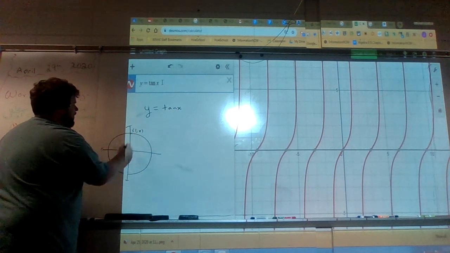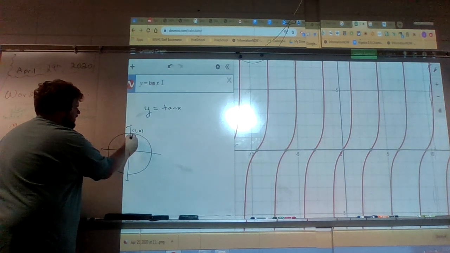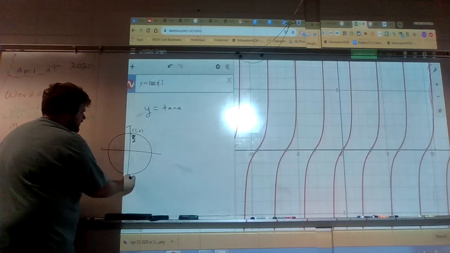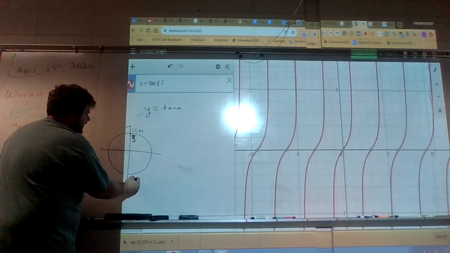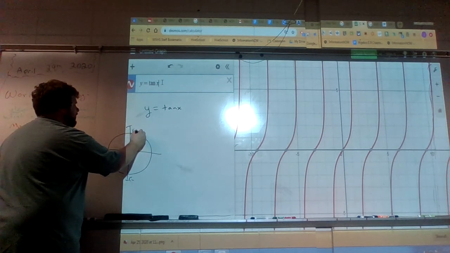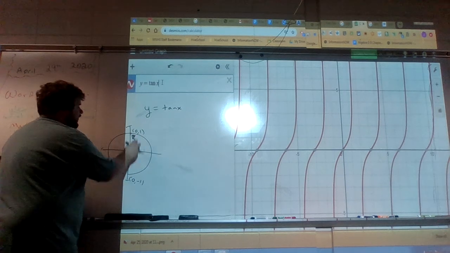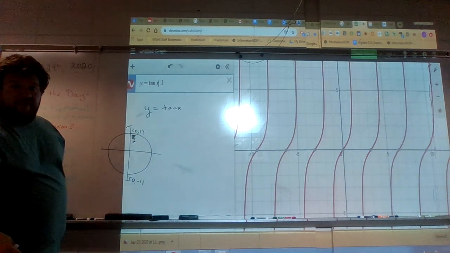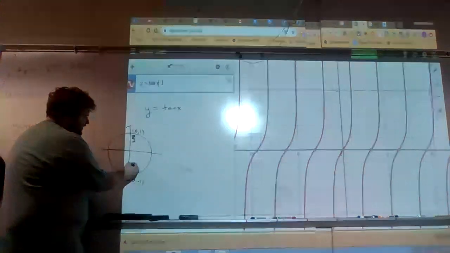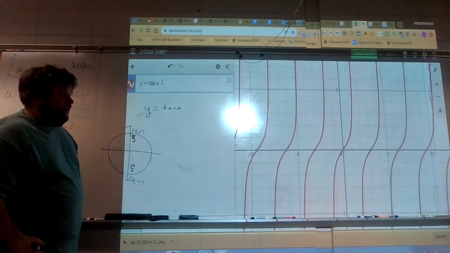So if I'm trying to do 1 divided by 0, that's at 90 degrees or pi over 2 radians, right? Or I'm trying to do, say, I wrote 0, 1, and 0, negative 1 here. So if I try to do 1 divided by 0, y divided by x, I can't do that. And same thing down here with 3 pi over 2. That's also a bad value.